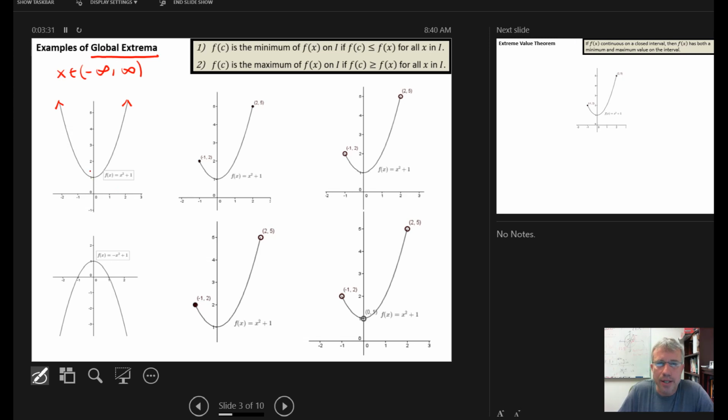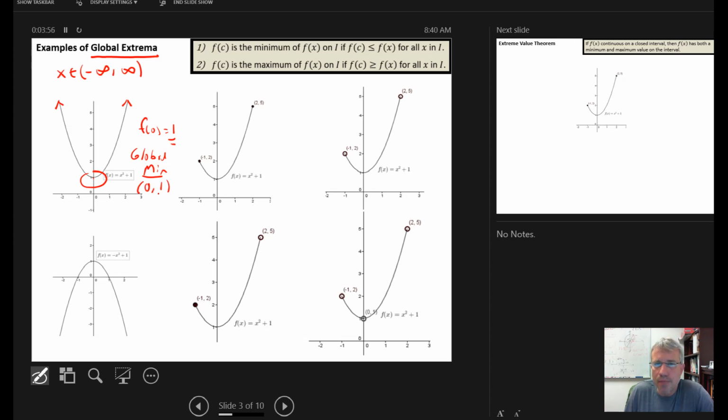And when I look at it, I see that I have a low point or a minimum on the function. I can see that f of 0 equals 1. And this is the lowest point on the function. So this is the smallest function output that's possible. So this function has a global minimum, smallest output, at the ordered pair, input 0, output 1.